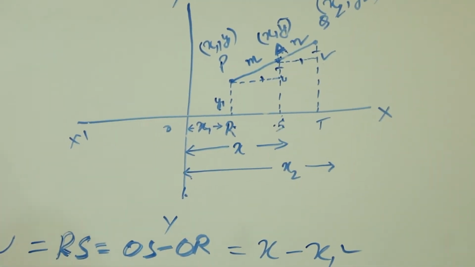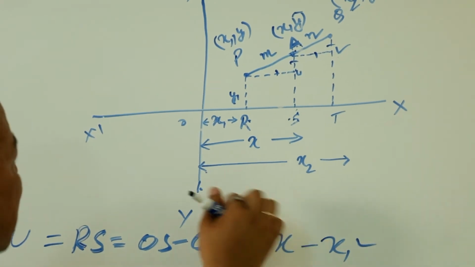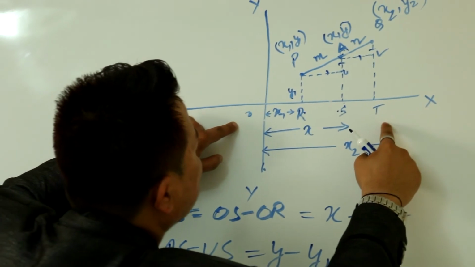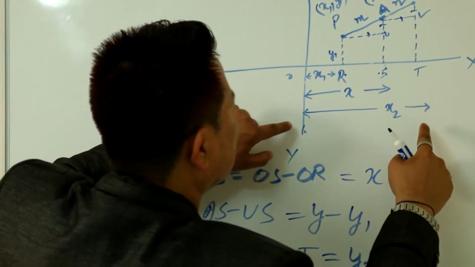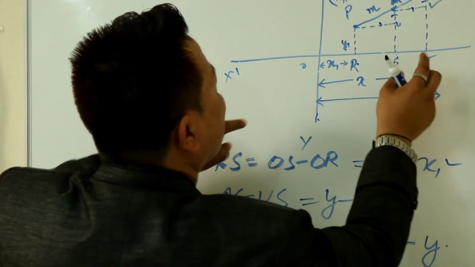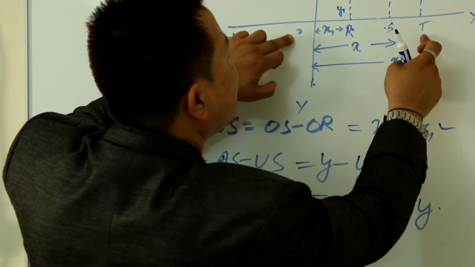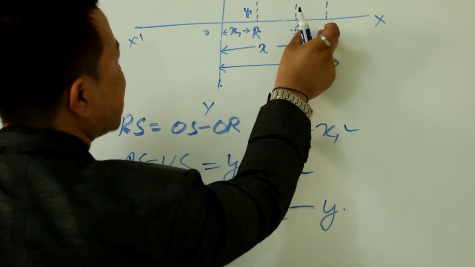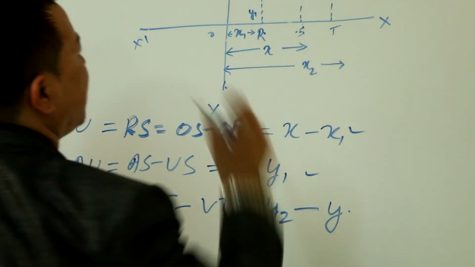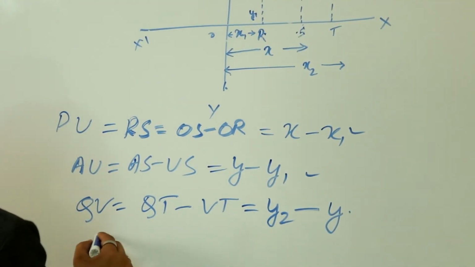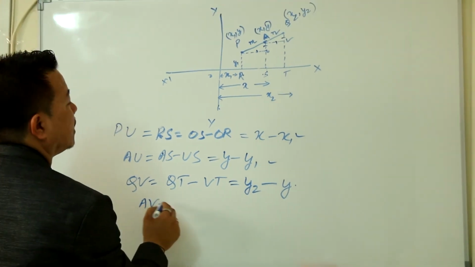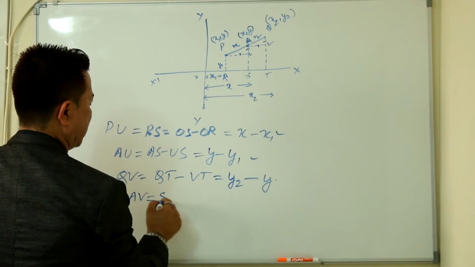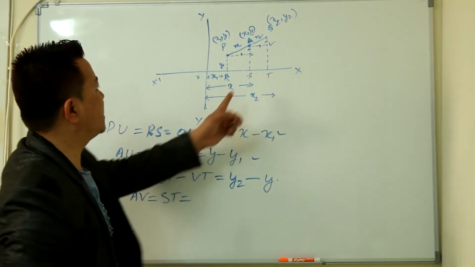And similarly, you can find the value of AB. How do you find the value of AB? First of all, the distance OT is how much? X2. And from this line segment OT, if you delete this section OS, then you can get the value of ST, which is equivalent to AB. So AB is equivalent to ST. And how do you derive the value of ST?